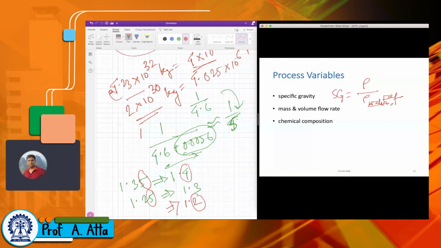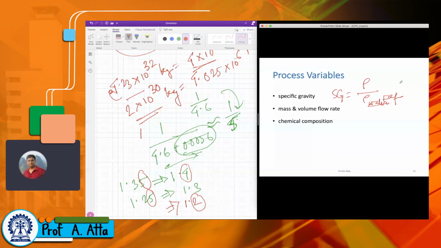And for water, the density rho is 1000 kg per meter cube, which most of the time is not given in the question. But if the temperature or pressure changes significantly, there will be a slight variation of this density.